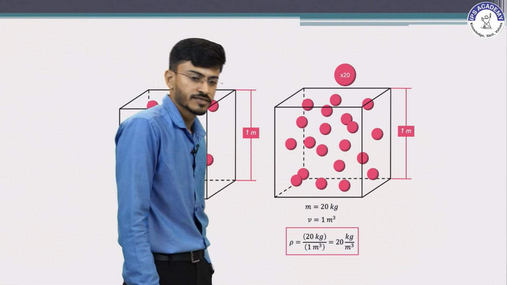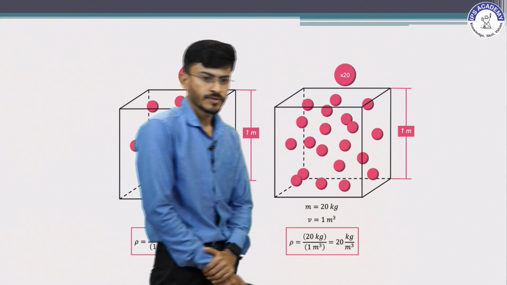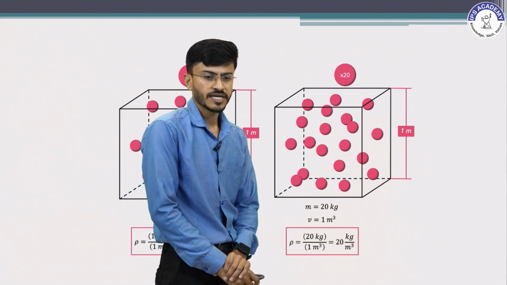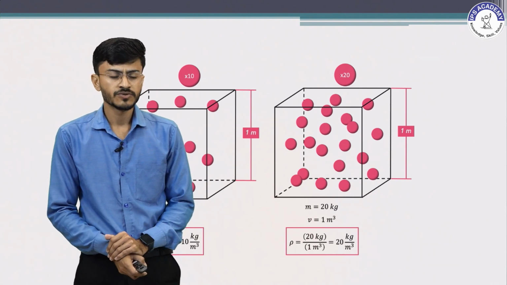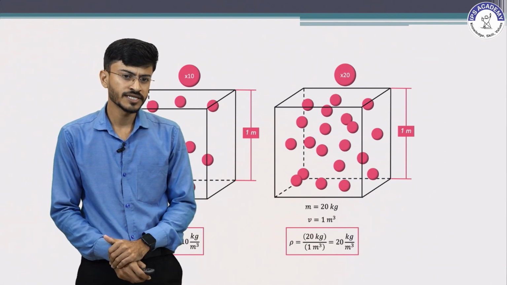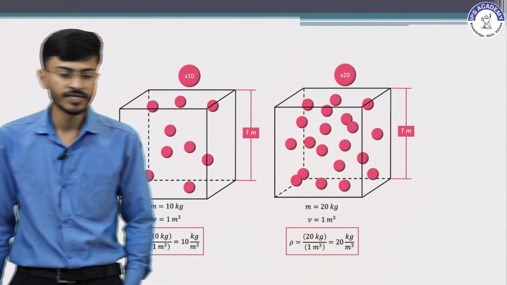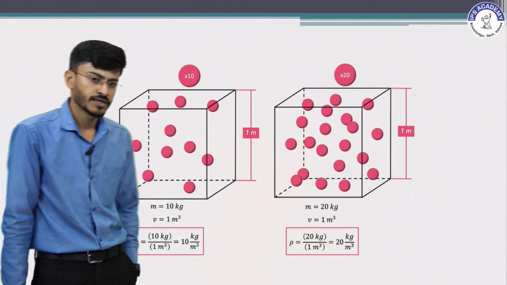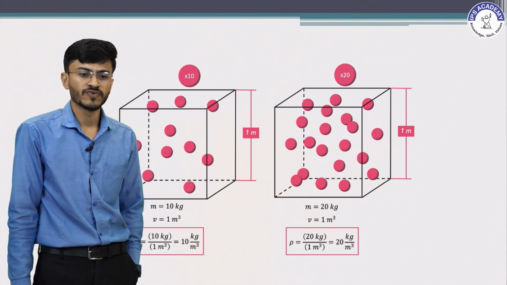In the first example, you can see there is a cube of 1 meter where the mass is 10 kg, and the volume of the cube will come to 1 meter cube. If we want to know the density of this cube, density will be mass by volume. Mass here given is 10 kg and the volume, if we calculate, of the cube will come to 1 meter cube.